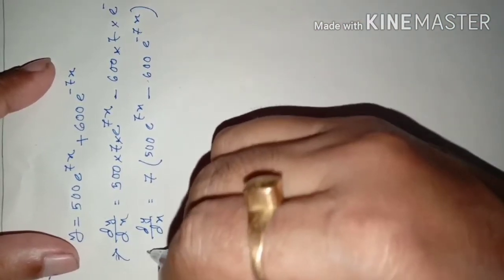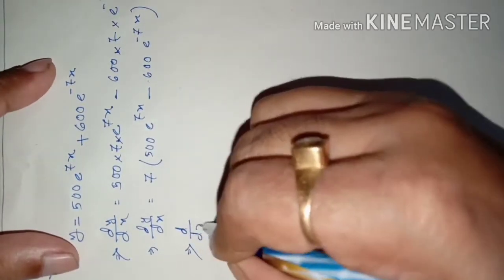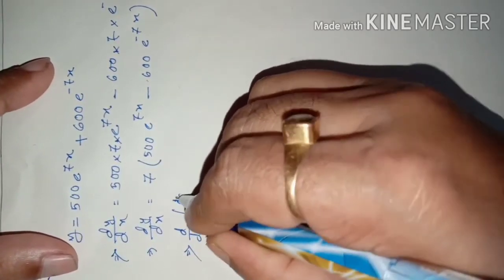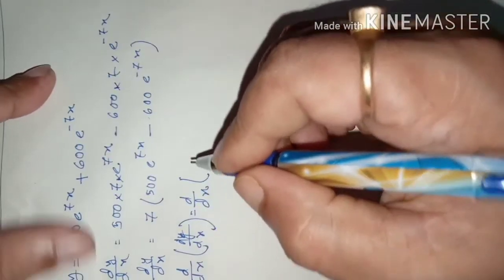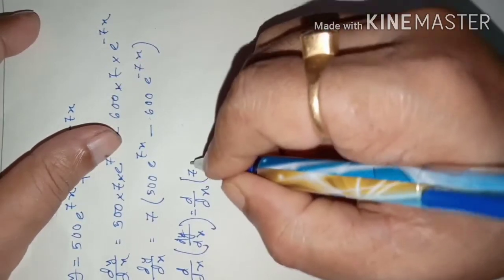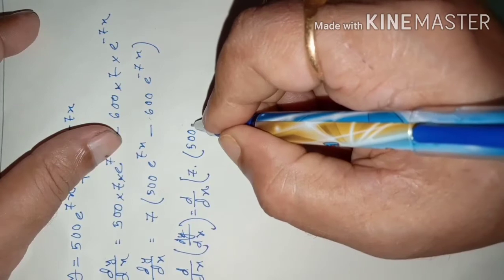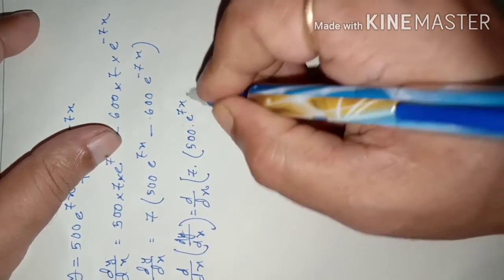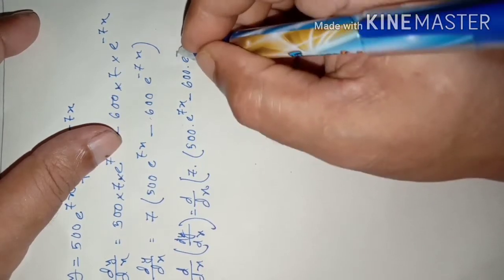Now if we take the second order derivative, d by dx of dy by dx is equal to d by dx of 7 into 500 into e to the power of 7x minus 600 into e to the power of minus 7x.